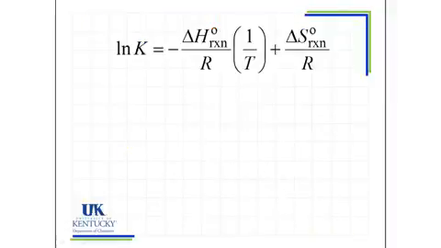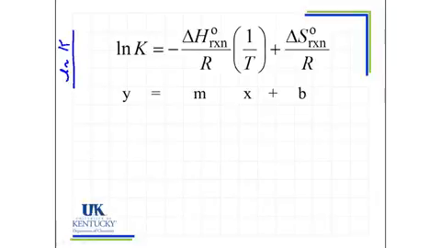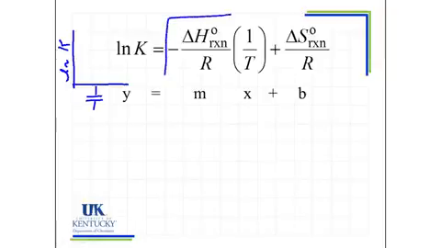So we take this equation in this form, we see it's in the slope-intercept form of a line. That means that if we were to plot along the y-axis the natural log of K, and along the x-axis 1 over temperature, we would get a straight line. And that straight line would have a slope equal to this.